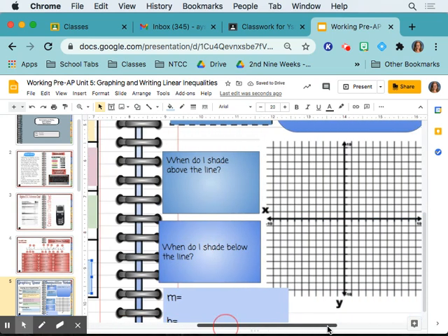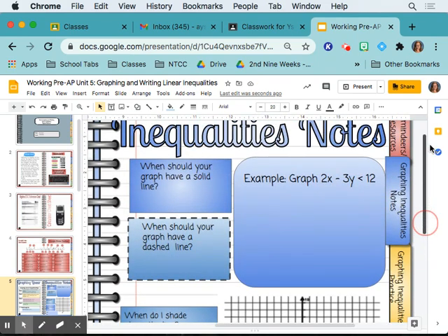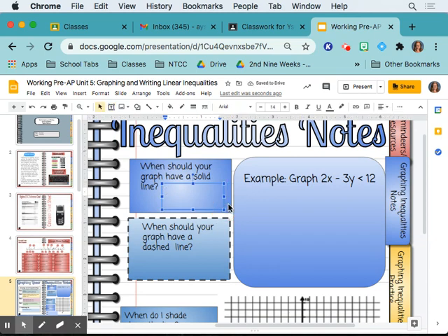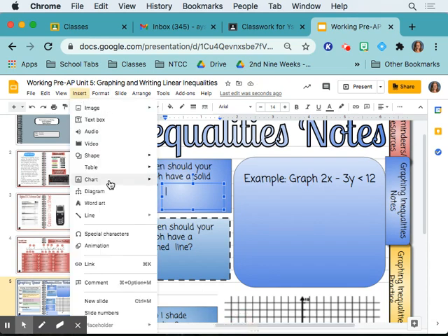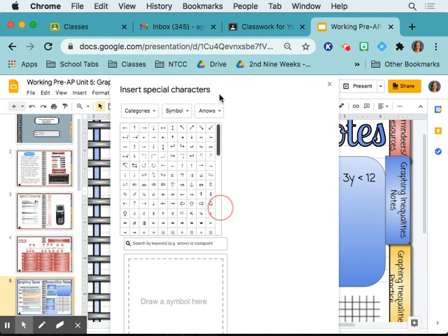All right, let's look at the next slide. When should your graph have a solid line? Insert special characters.